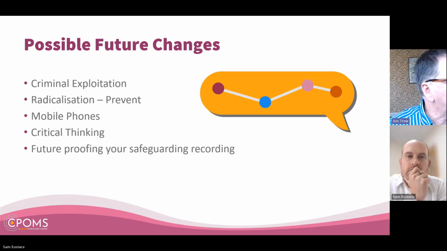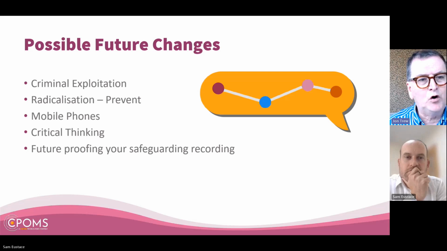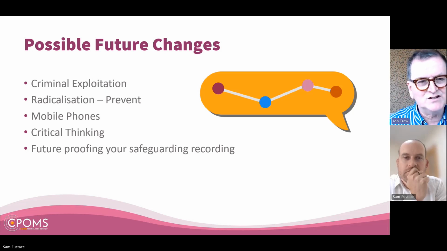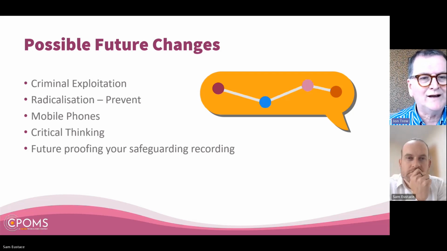I think we'll also see stuff about radicalization. We've seen this as a result of the riots, and I'm pretty sure we'll see new legislation around new guidance about how we tackle radicalization amongst children and young people.